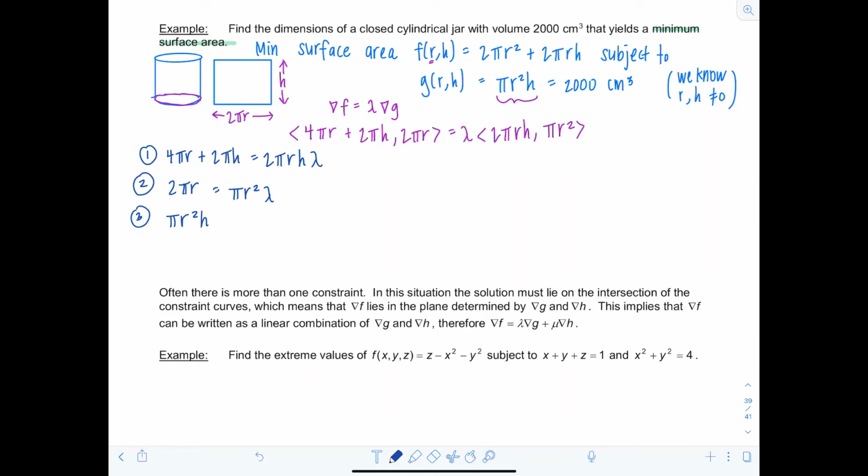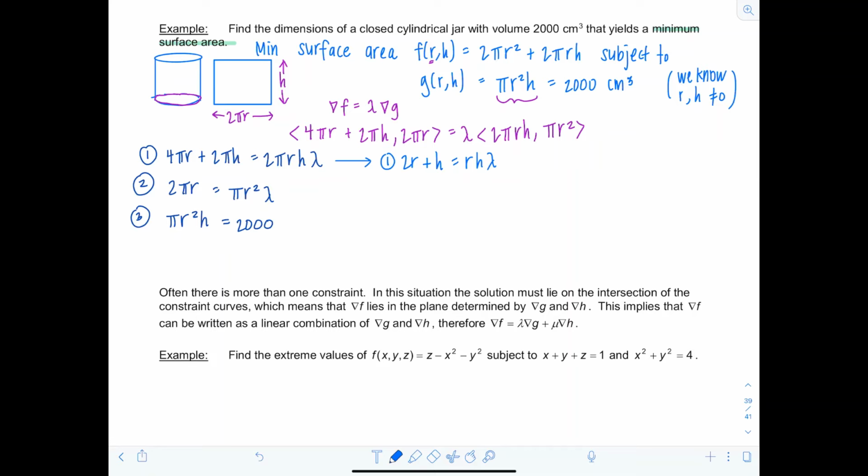So pi r squared h is equal to 2000. Okay, so let's just dive into equation 1. Can I clean up anything? I notice I can cancel out a 2 pi from all the terms, right? So equation 1 cleaned up is 2r plus h is equal to r h lambda.